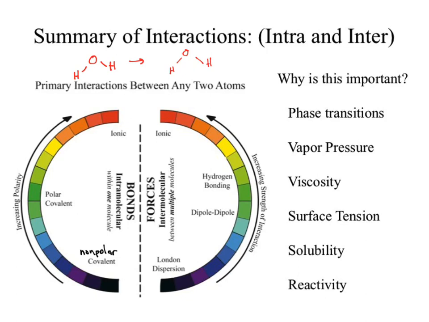Okay? So phase transitions, melting points, the temperature at which we transition from a solid to a liquid or a liquid to a gas, are dependent not on the bond, but on the force. So if I understand something about forces, I can predict between two species which one should have the higher melting point or boiling point based on their strength of interaction.